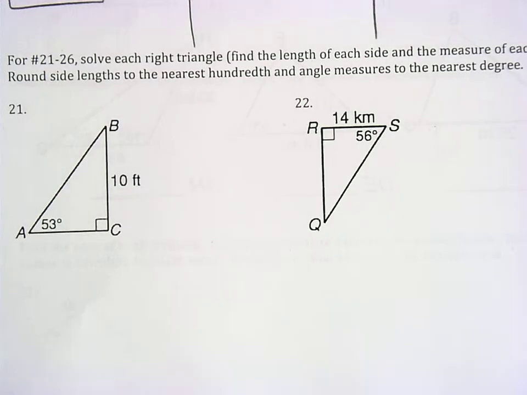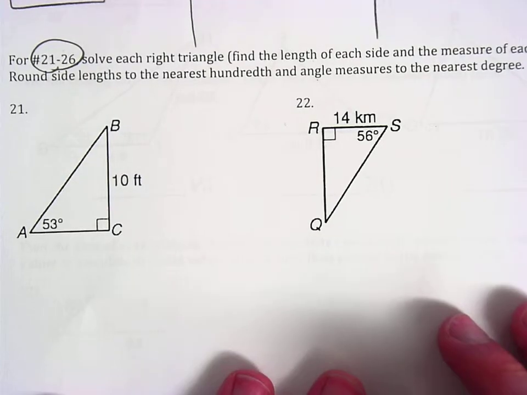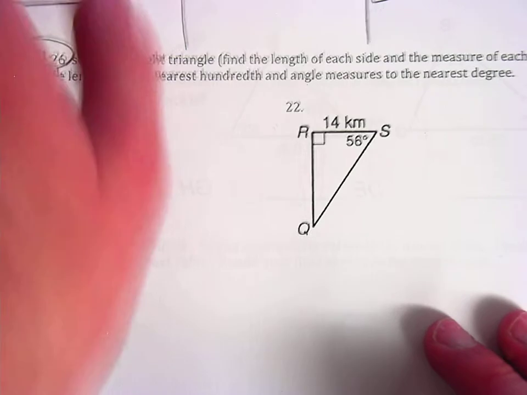All right, so moving on to this last set of problems, and on the test, this will be the last set of problems as well as this type of problem. Looking at 21 and 22, for the remainder of this review worksheet, we want to solve each right triangle.